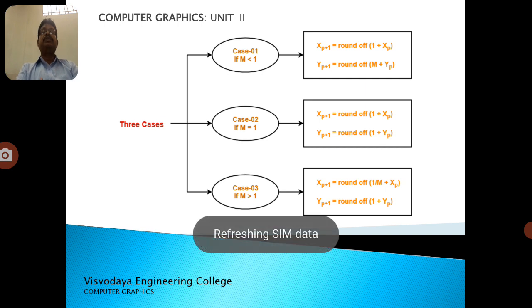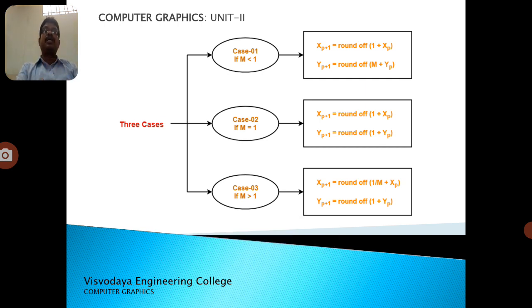So first, initially, we take the starting and ending coordinates, that is x0, y0 and xn, yn, and we find delta x, the differential of the x value, and delta y, the differential of the y value, and the slope value m equals delta y by delta x.